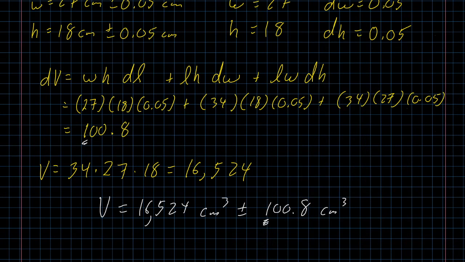In this case, it's in the hundreds place. So writing down the solution as 16,500 cubic centimeters plus or minus 100 cubic centimeters really didn't lose any information, but it made it a lot easier to communicate the value.